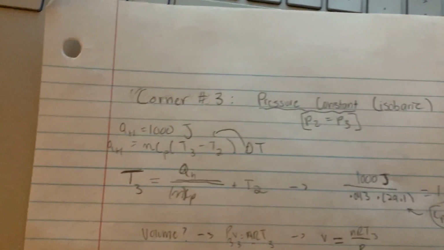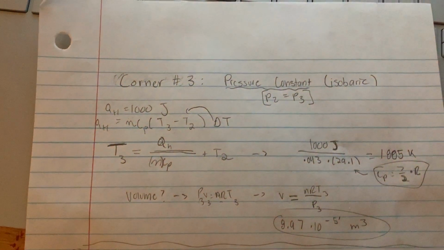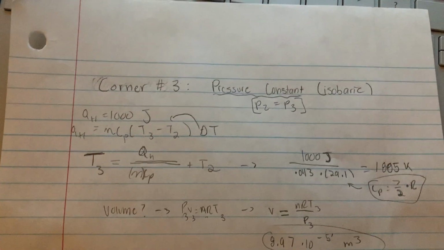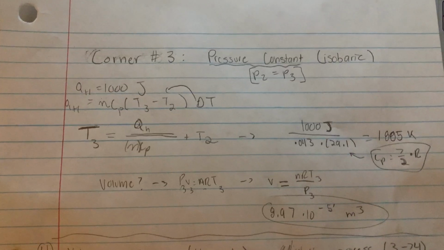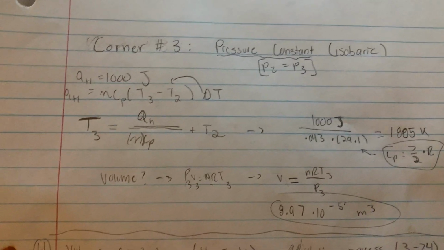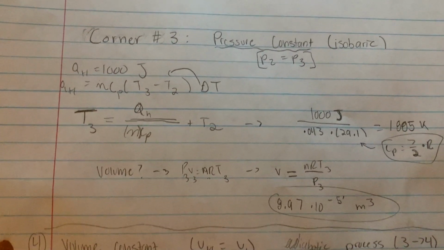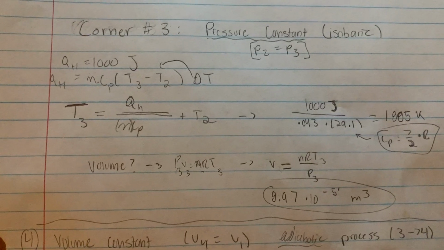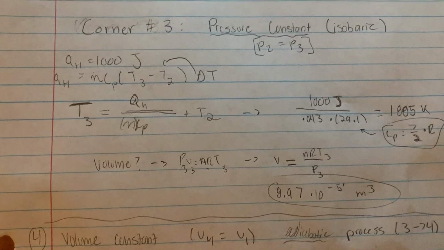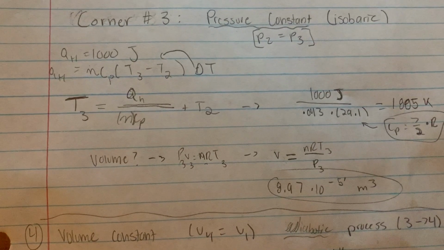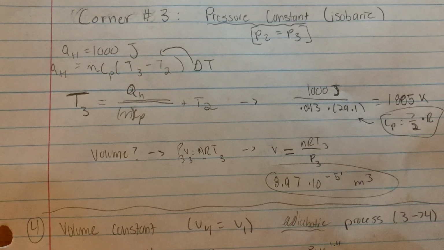And here you go for the third one, corner 3. Notice how pressure is constant, so P2 is equal to P3. Again, your QH, your heat of combustion, is going to be 1000 joules, as stated right there. Very important to remember that. QH is equal to nCp times the change in temperature, so you rearrange to find T3: T3 equals QH over nCp plus the second temperature.